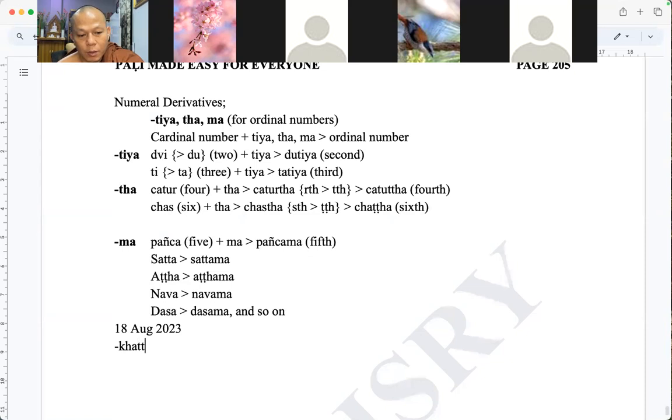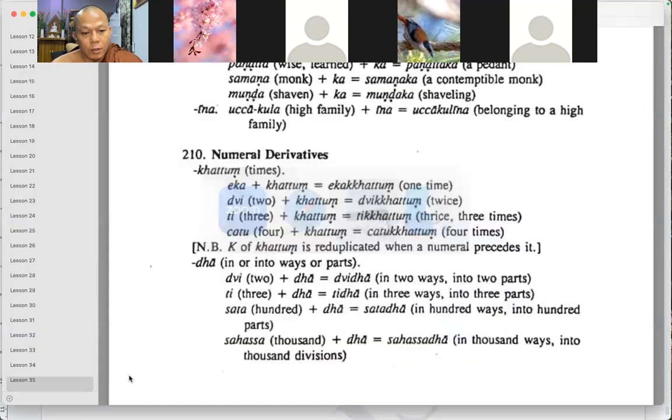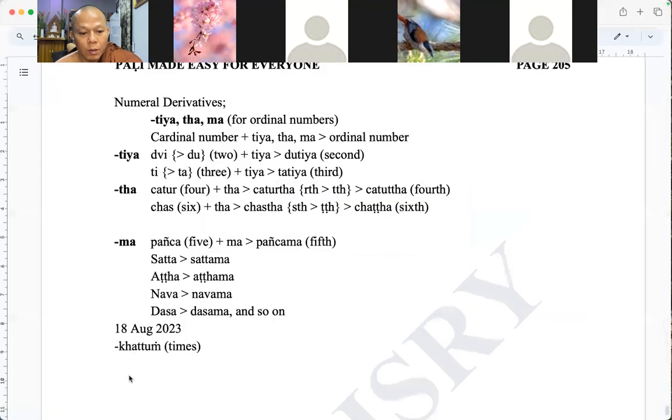So the suffix kkhattu means times, like once, twice, or 2 times, 3 times, and so on. This kkhattu is also added especially to the cardinal number. So like this, eka. Eka means 1, we know that.